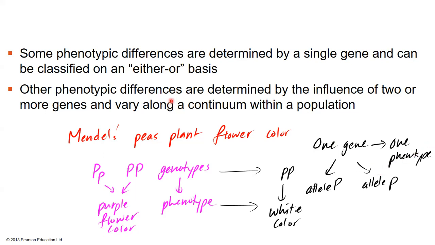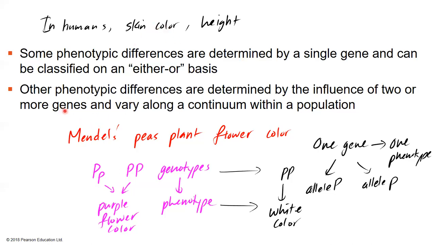But other phenotypes are controlled by more than one gene, like two or more genes. For example, in humans, skin color, height, and many other traits are controlled by many genes.